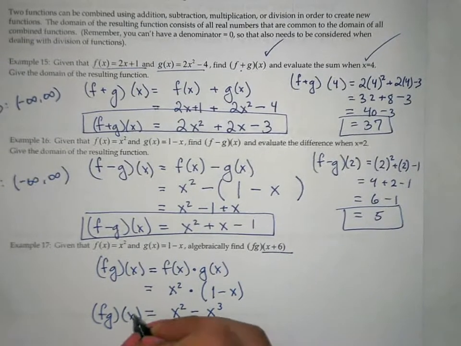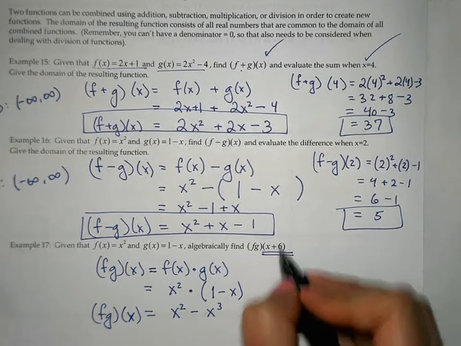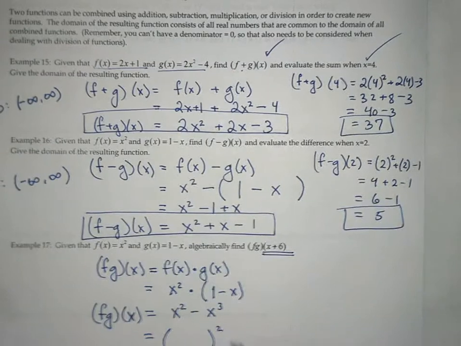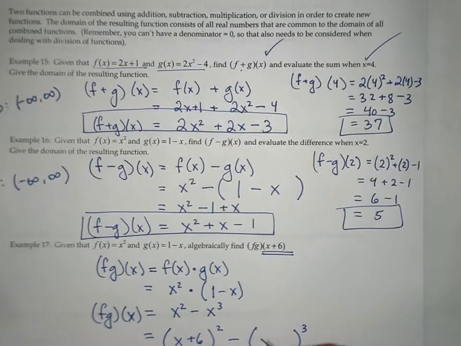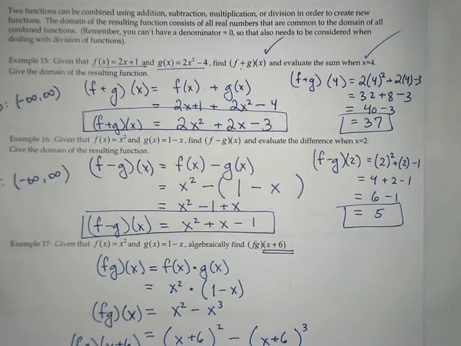So that's f times g of x. To go one more step and to say, okay, but what if we substitute x plus 6 everywhere we see the x? So this first one squared, x plus 6, x plus 6. This is now fg of x plus 6.